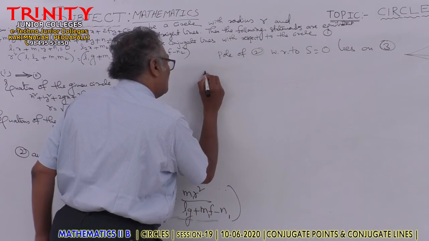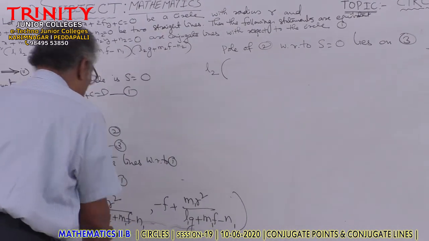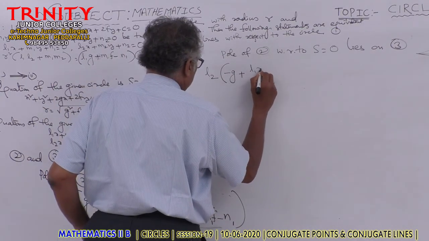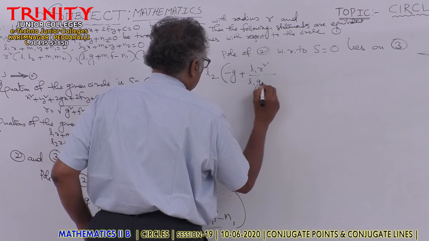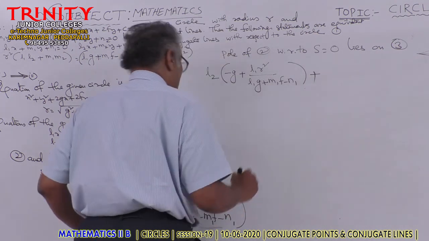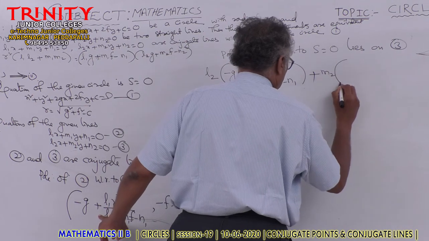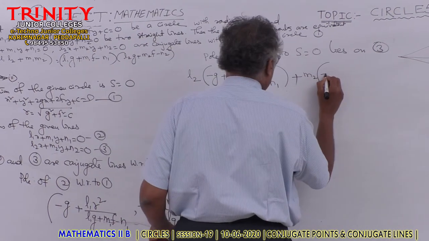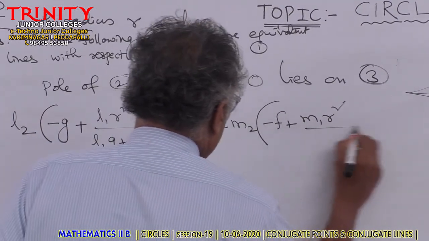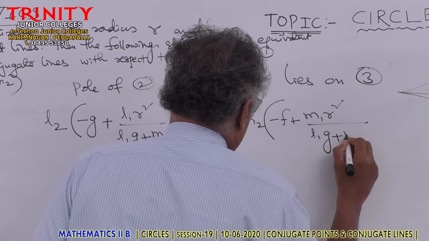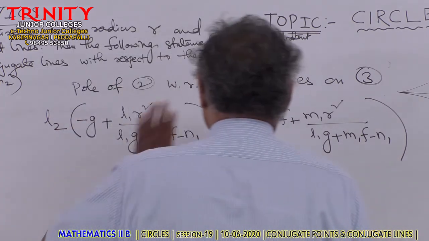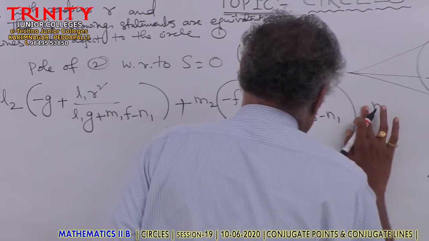So L2 into, substitute here, minus g plus L1 R square by L1g plus M1f minus N1, plus M2 into, write this one here, minus f plus M1 R square by L1g plus M1f minus N1, plus N2 equals 0.